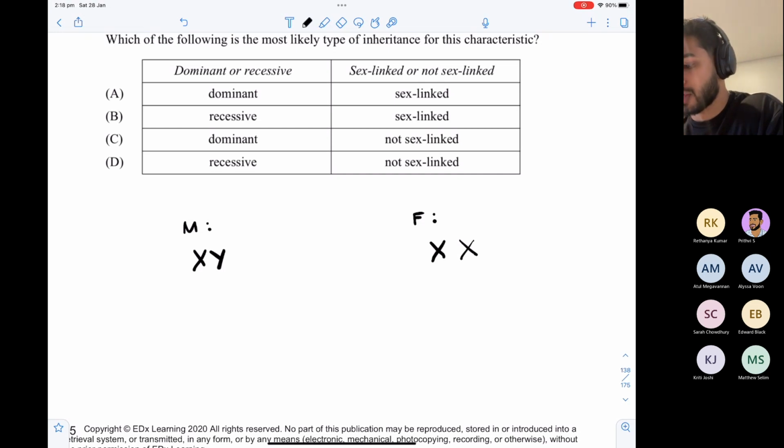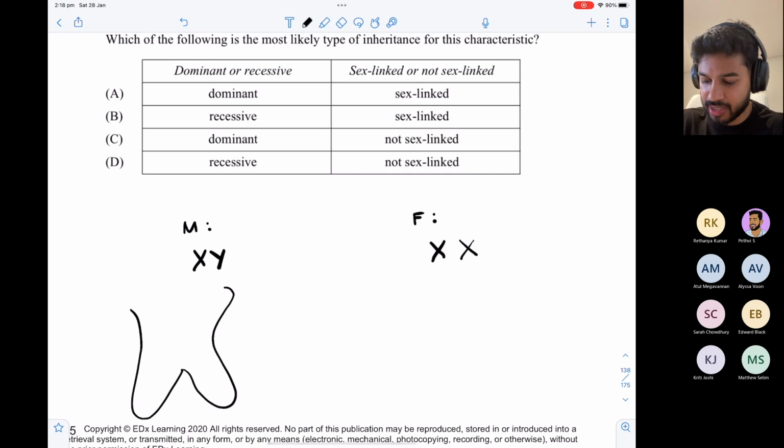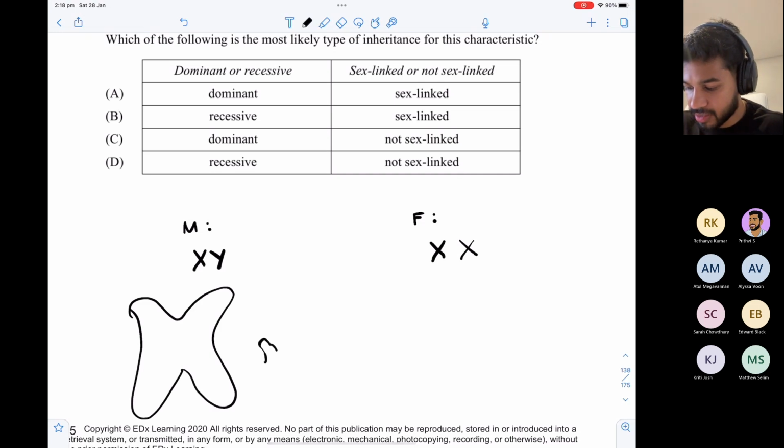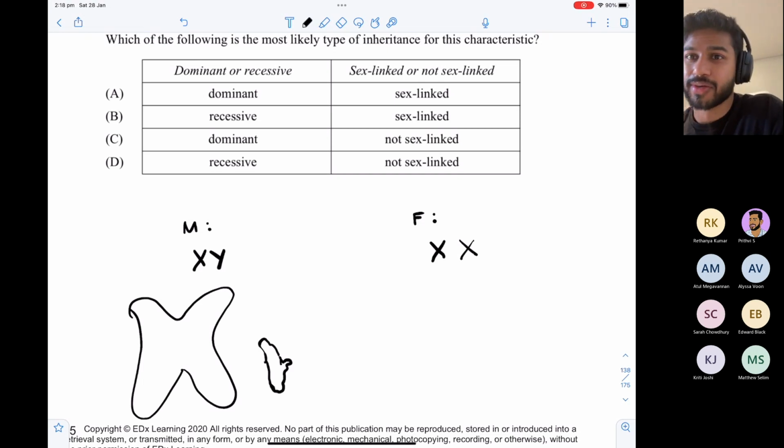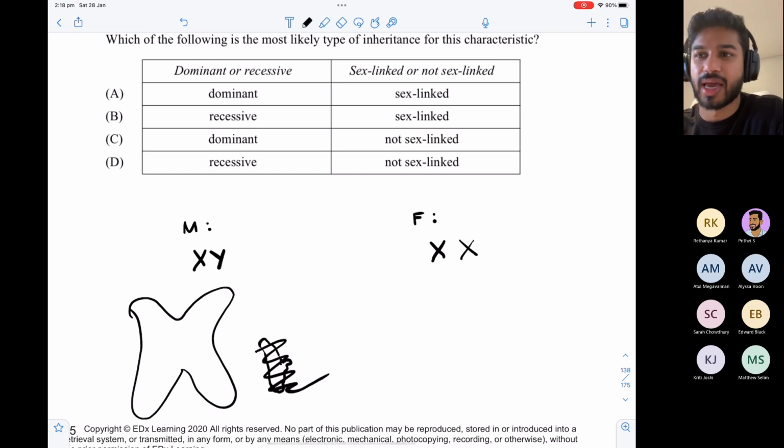Okay, good. Now, remember what I said, the Y chromosome is like a degenerate X chromosome. It's so tiny. In reality, X is like this big, and the Y chromosome is like just broken, deteriorated, right? It doesn't have many genes. So I want you to assume the Y chromosome doesn't carry any alleles, right?